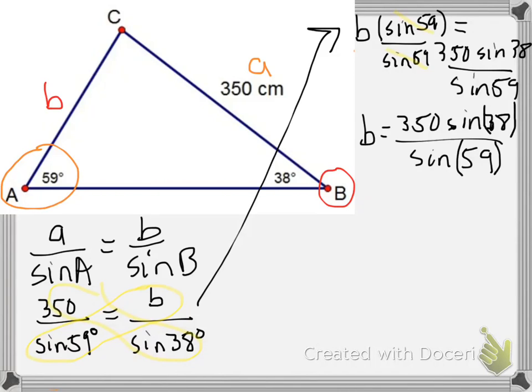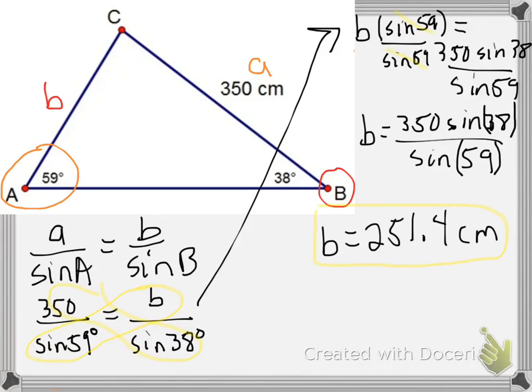So I'm going to put that in the calculator: 350 times, make sure you're in degree mode as always, times the sine of 38 divided by the sine of 59. And I get b equals 251.4 centimeters.